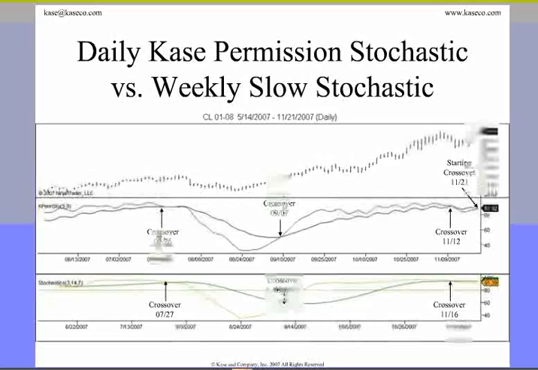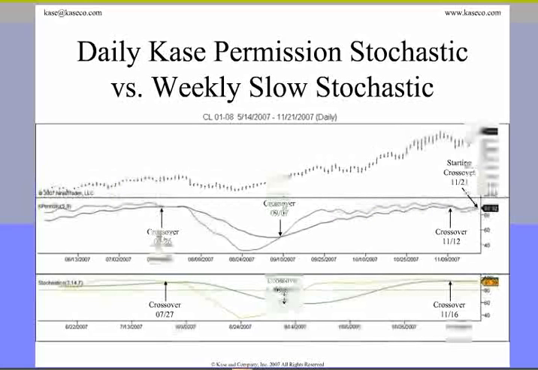We can see another example off to the right where the permission K, the purple line, crosses above the permission D to give long permission, and the crossover took place at the same time as the weekly slow stochastic.